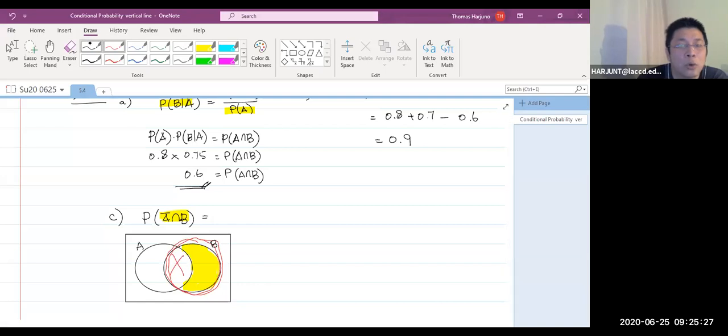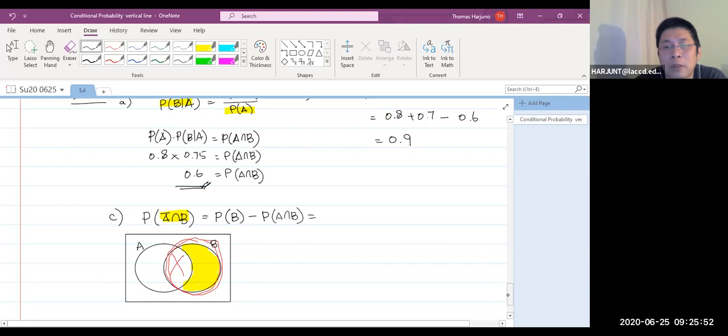So probability of not A but B can be seen as the probability of B, but we cut away the intersection. Then probability of B is 0.7. Probability of the intersection is 0.6, and that's 0.1.